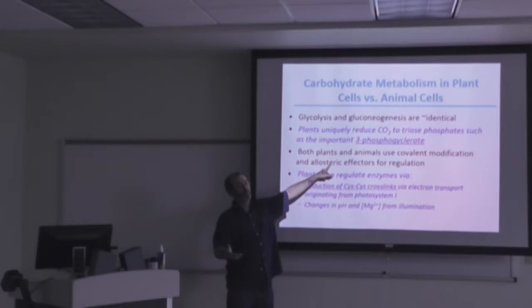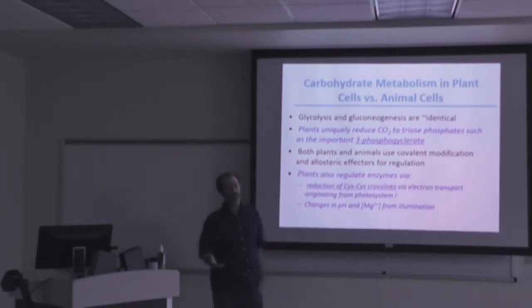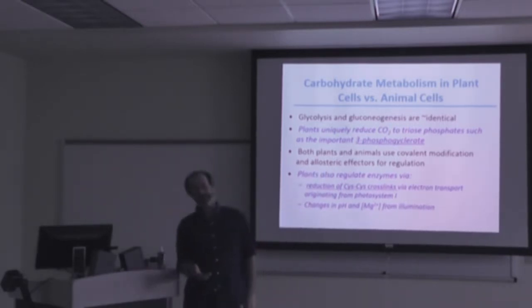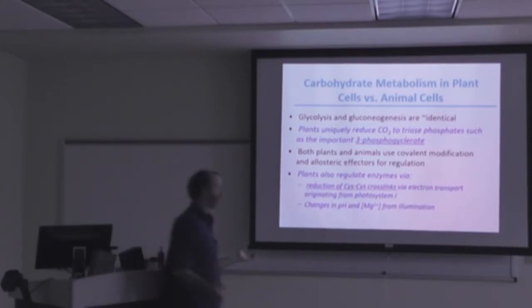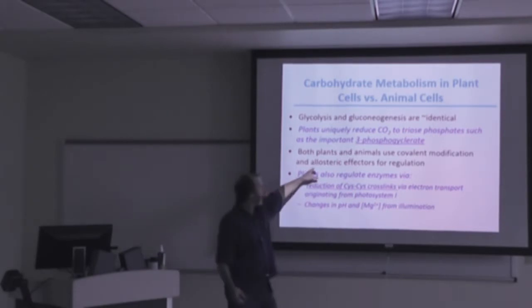Have you ever heard of orthosteric, or ortho versus allo? No? So ortho means the same. Steric is like on the molecule, you know, steric interference. So orthosteric is the same binding site. Allosteric is a different binding site.